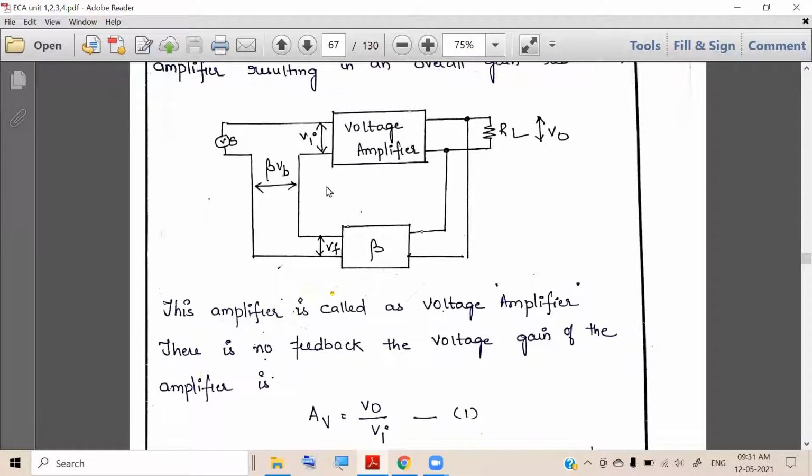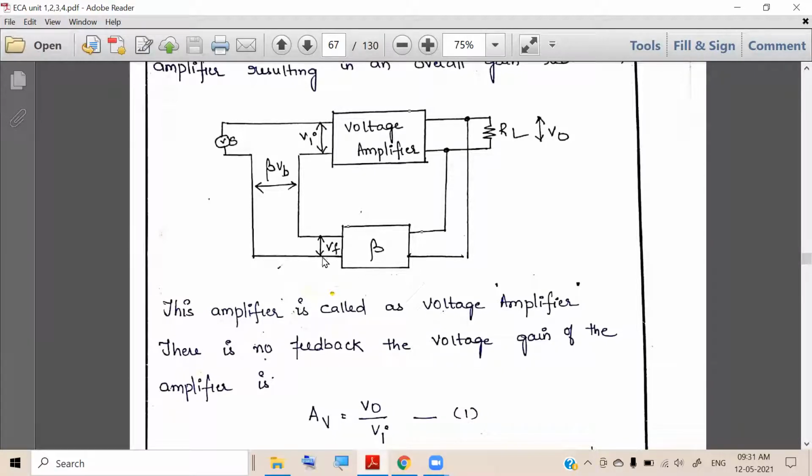So what is the input to beta? Anybody can answer? The feedback we are taking, we are connecting from here to here. What is the input to beta? V naught. V naught is directly connected as input to beta.